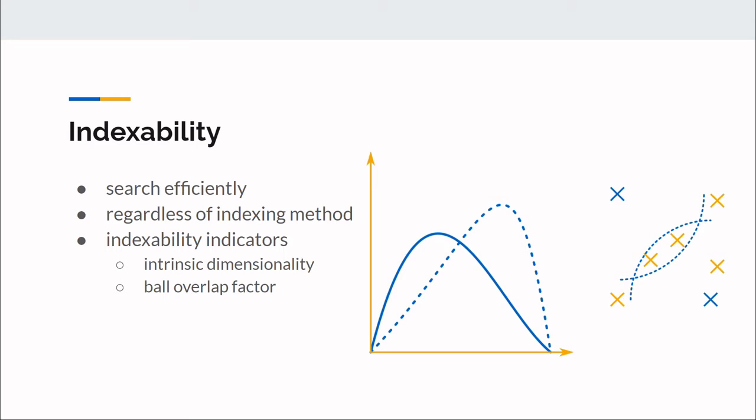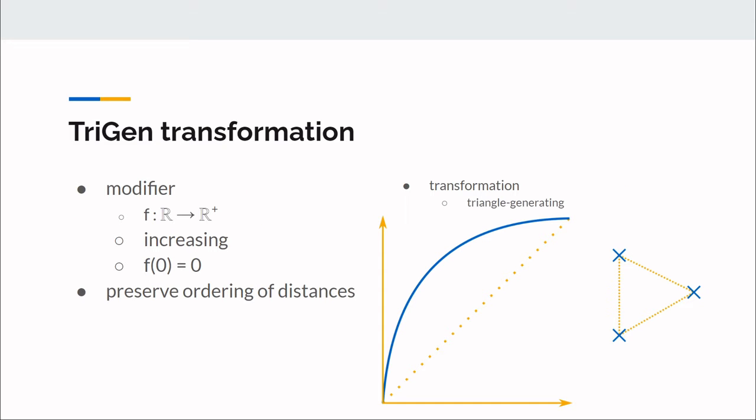Alternatively, the ball overlap factor describes the ability to partition the dataset into non-overlapping ball-shaped regions. The ball overlap factor counts the ratio of overlapping and non-overlapping object pairs. The TriGen algorithm transforms the input distance space by the use of triangle generating or violating modifiers. A modifier must be a real non-negative increasing function, which preserves the ordering of distances.